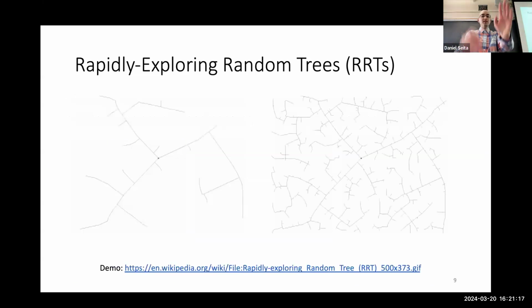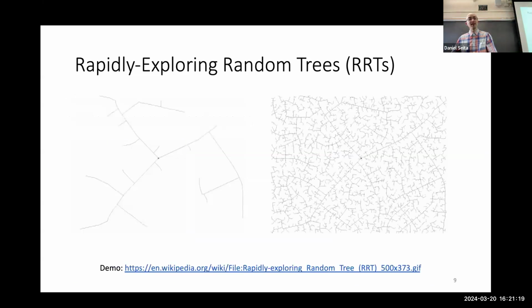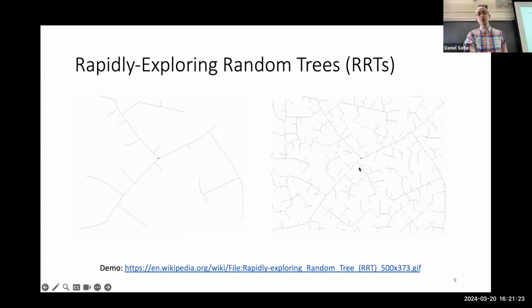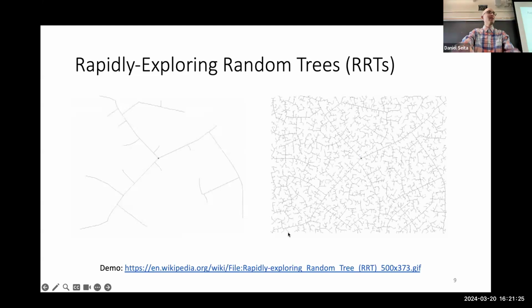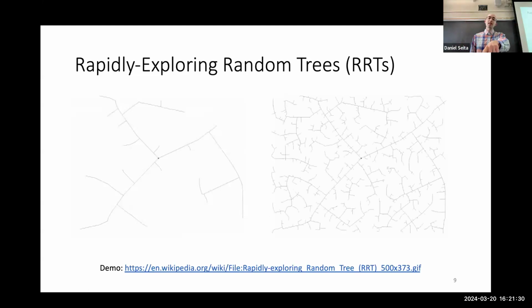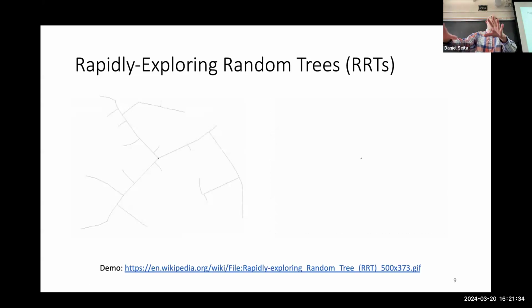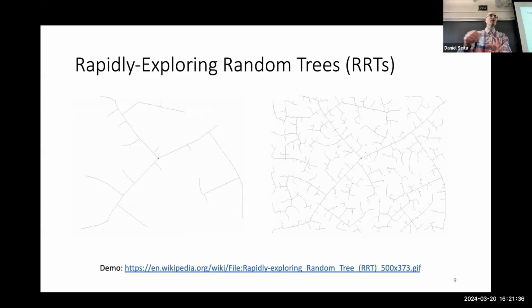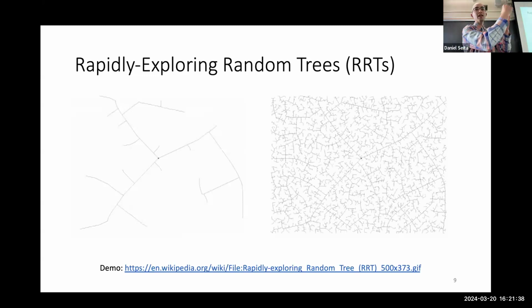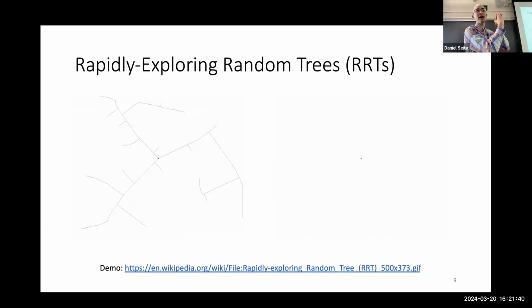All right, and this is an animation of how the algorithm works. You start with some initial pose and then you just keep going. The one thing that you'll notice here is that RRTs really nicely cover the space. It's not as if you randomly sample and then you're stuck in a nearby local region.